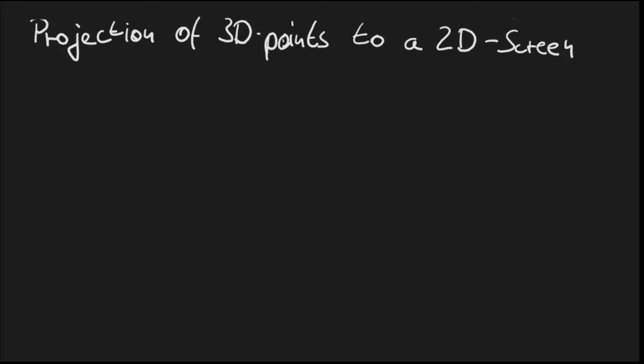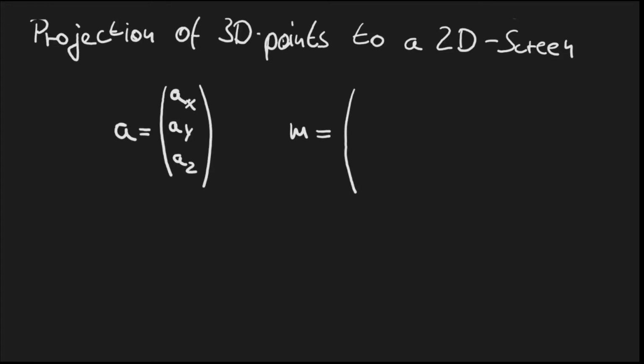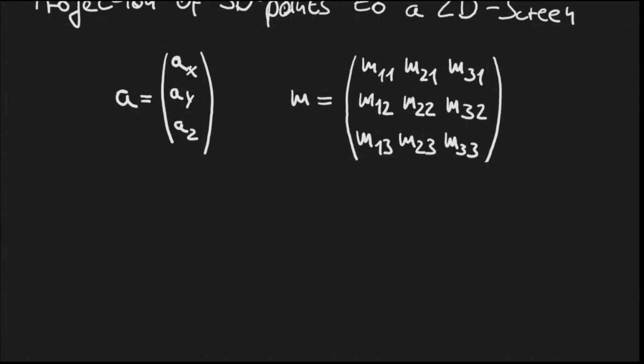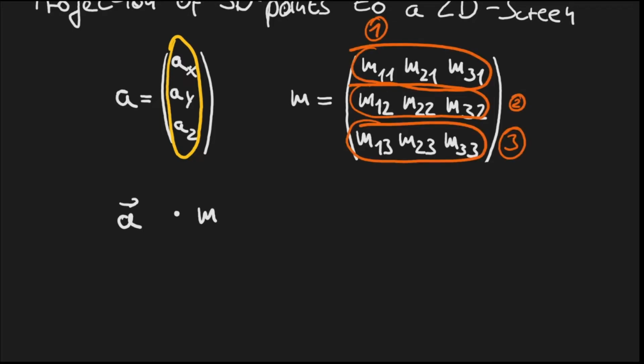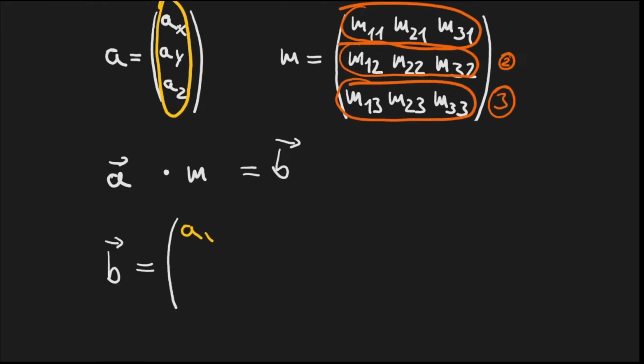So, we have a vector, and we have a matrix, which is in this case 3 by 3, which looks like this. So how do we multiply this vector A times the matrix M? Well, you basically have to multiply every column by every row of the matrix. So let's do that. We have AX times M11 plus AY times M21 plus AZ times M31.